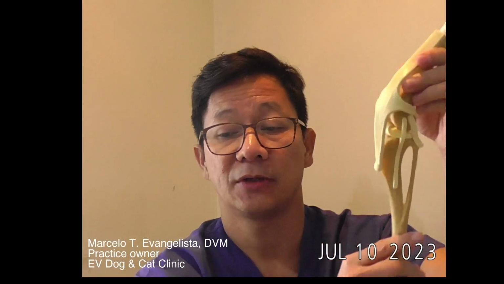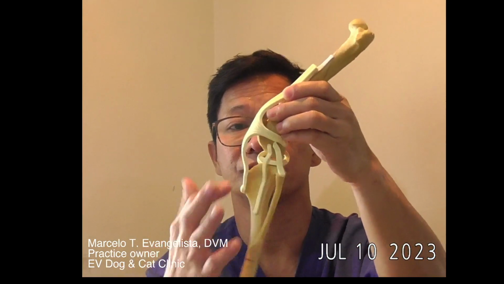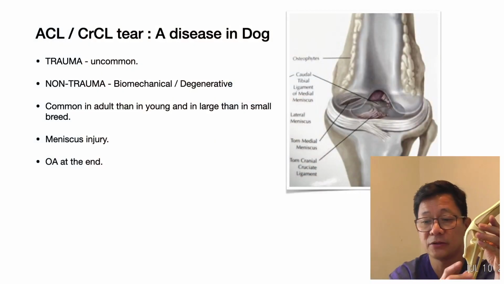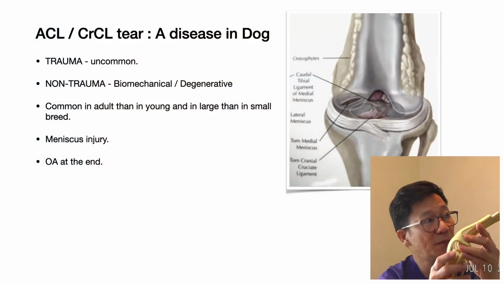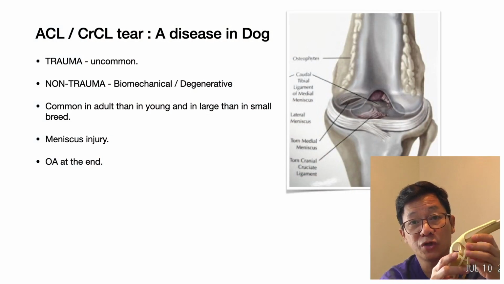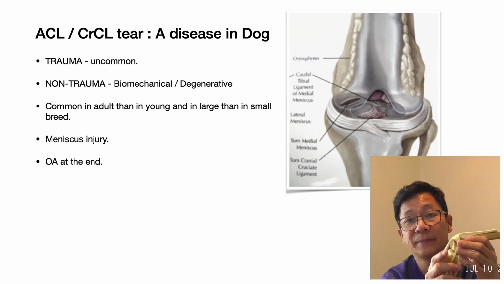Kasi pag sumisipa sila, ganun, yung hyperextension cause rupture, acute rupture of the ACL. But in dogs, trauma is uncommon. Maybe a degenerative condition, biomechanical, and that develops over time.